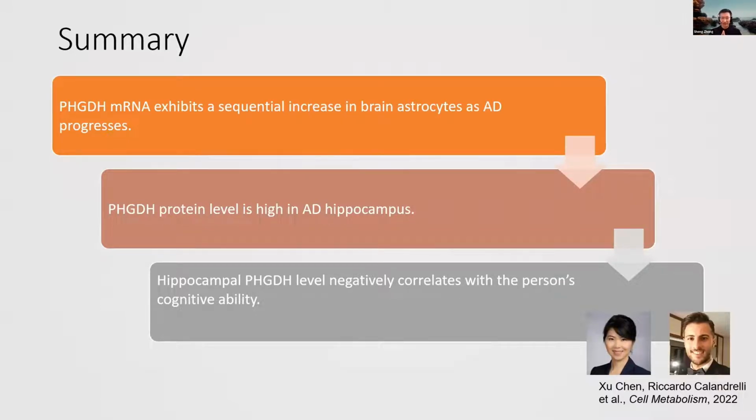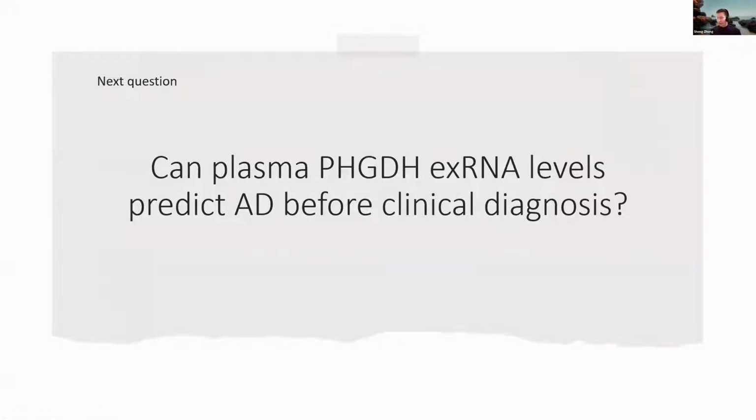PHGDH protein level is high in Alzheimer's hippocampus, and hippocampal PHGDH level negatively correlates with the person's cognitive ability. I wanted to mention that this is led by my colleague, Assistant Professor Dr. Xu Chen here at UC San Diego, and Riccardo Canandrelli, a scientist in my lab, who made these observations.